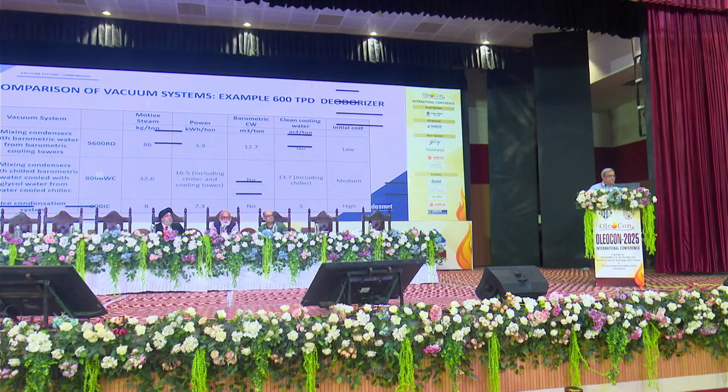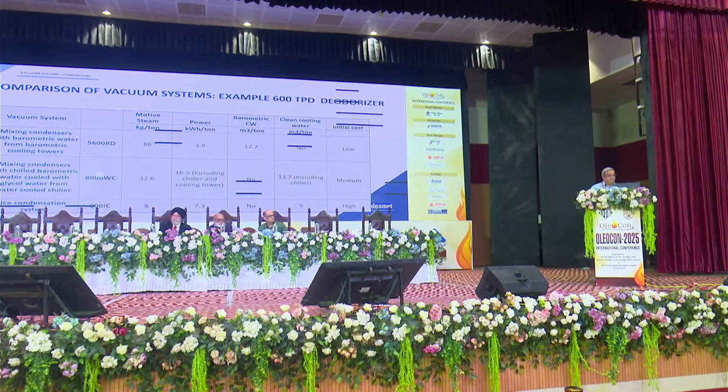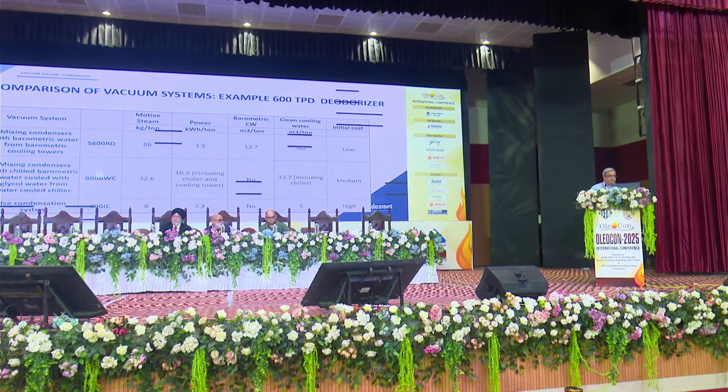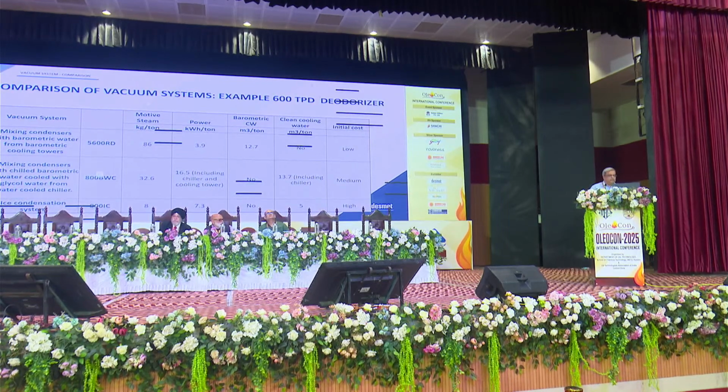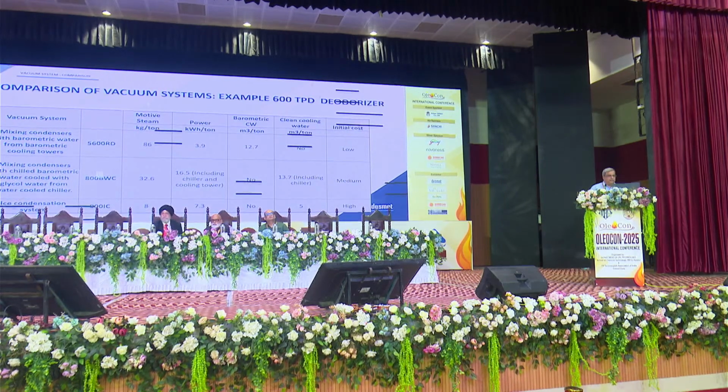So comparison of this vacuum system, if we compare for a 600 tons per day deodorizer, a typical conventional vacuum system will consume 86 kg per ton of steam and 3.9 units of power for the barometric cooling tower. But a mixing condenser with chill barometric water system, it can reduce from 86 to 32, and power will increase from 3.9 to 16.5. But the barometric cooling tower is eliminated in this.